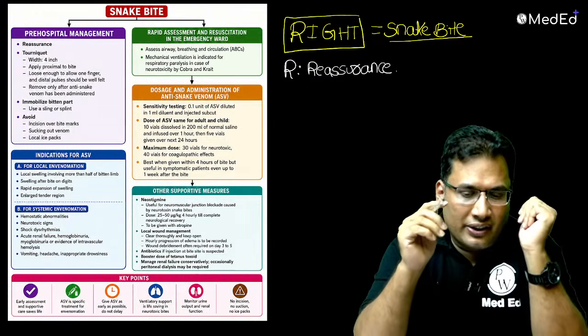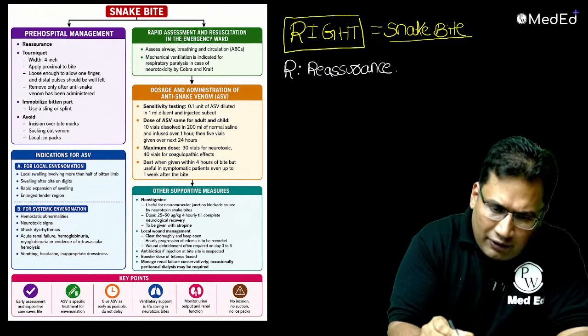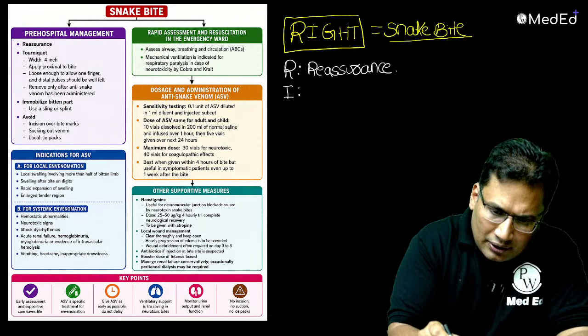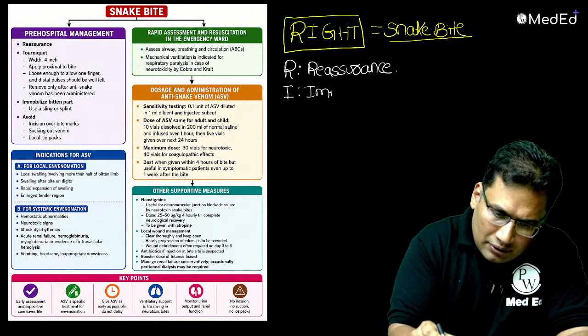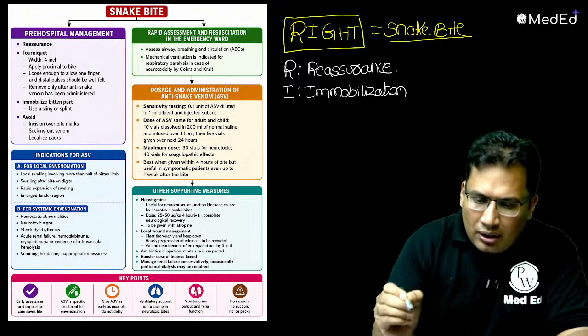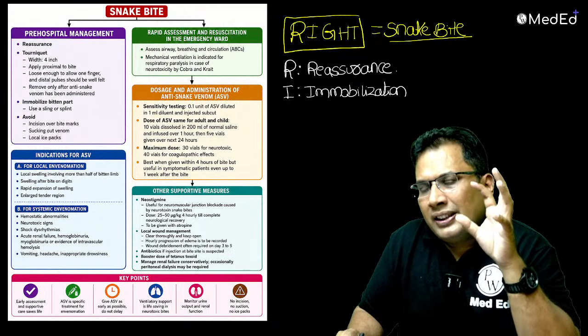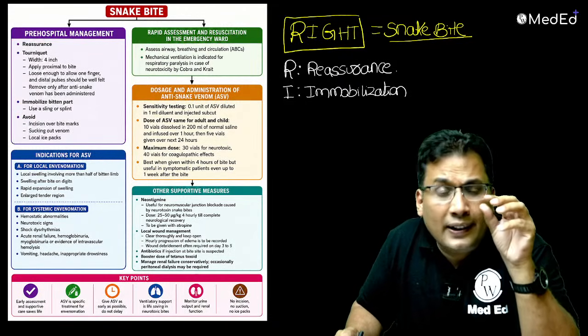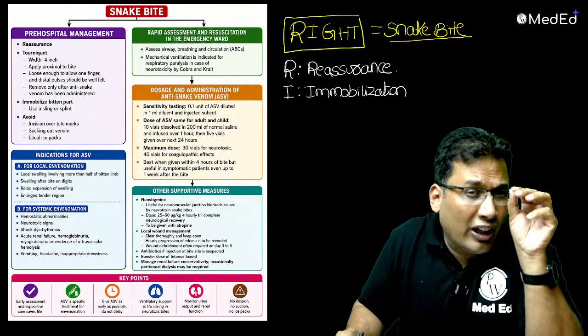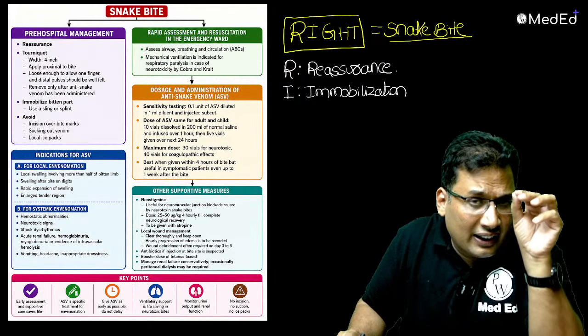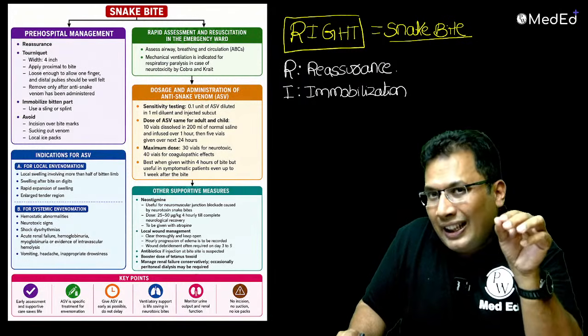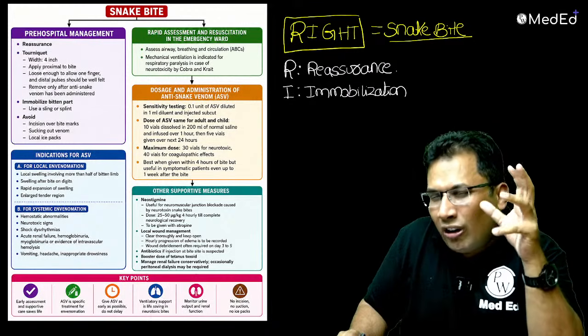R for reassurance. I for immobilization. The immobilization is basically to prevent the entry of snake venom into the vital organs, basically the heart and the brain and the other vital organs.